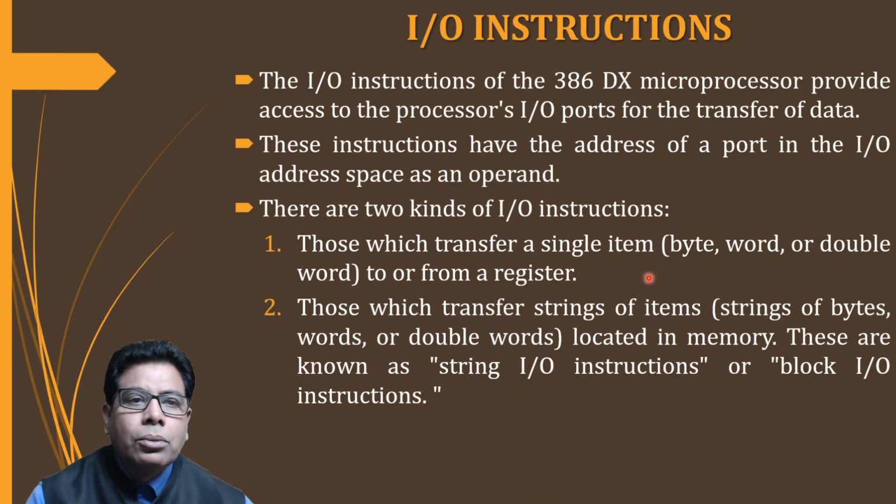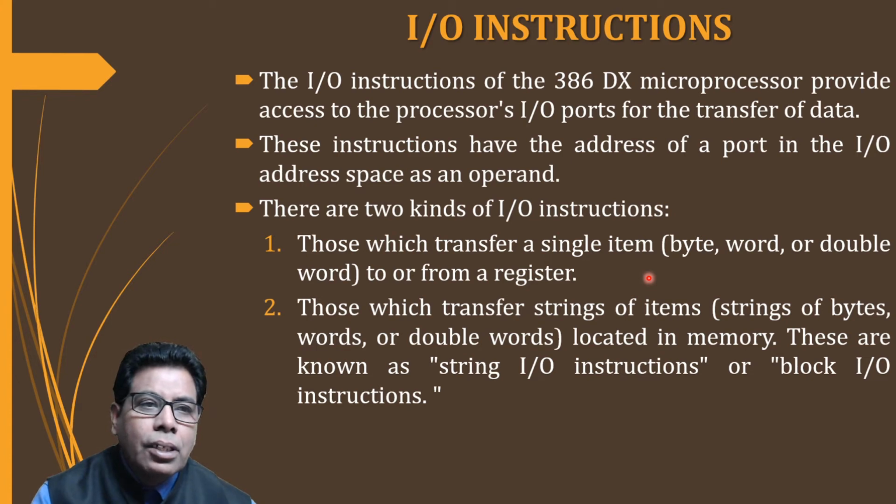Then let us go to the IO instructions which are used in the separate IO. The IO instructions of the 80386 DX microprocessor will provide access to the processor's IO ports for the transfer of data.